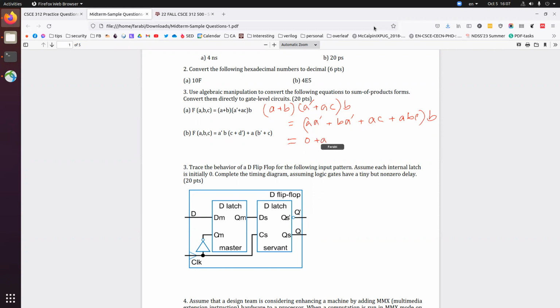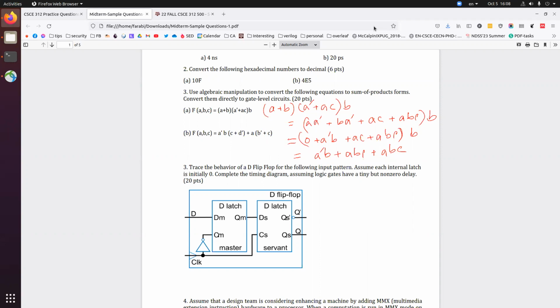Then we have A'B, and we have AC plus ABC multiplied by B. So this is the fourth. And then from here we will have A'B plus ABC plus ABC.